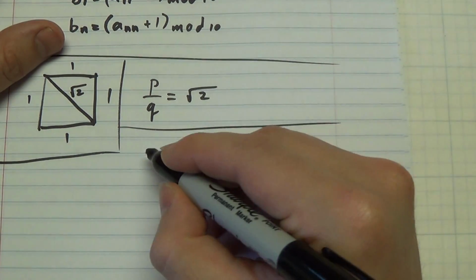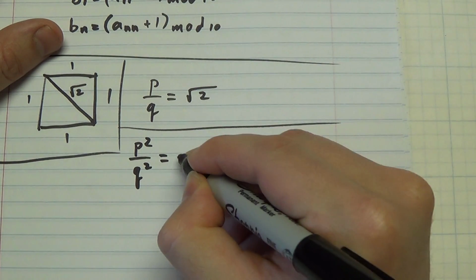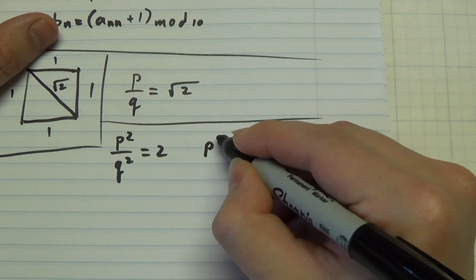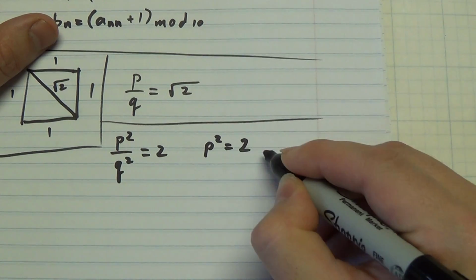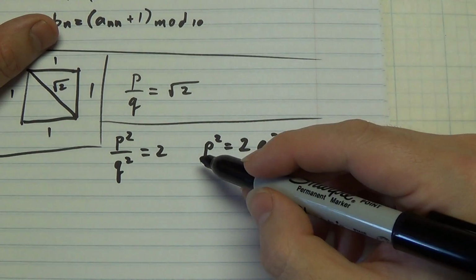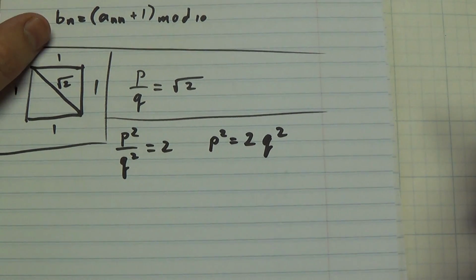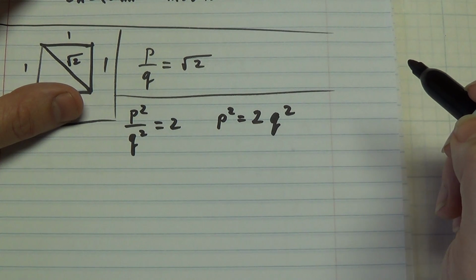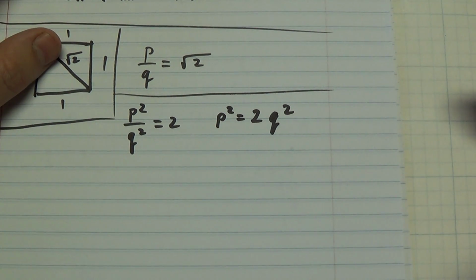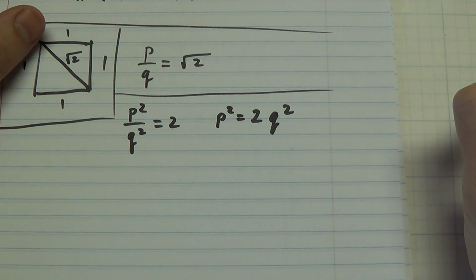Well, let's square both sides. Well, this implies that p squared is the same as twice q squared. What do we call a number that has a factor of 2? An even number. Now, if p squared is even, that means it has a factor of 2, but it's also a number multiplied by itself.